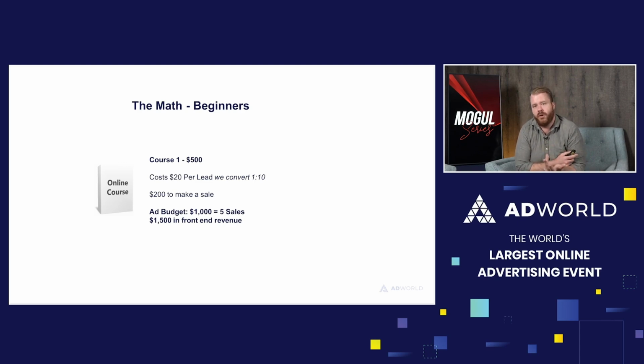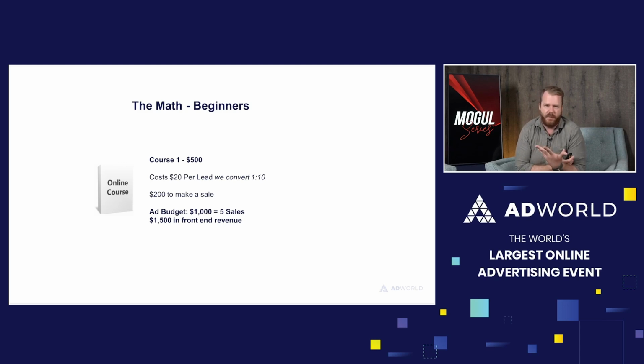I'll spend $200 on my ads to make a sale, which means that my ad budget is $1,000, right? And I'll make 5 sales. 5 sales times $200 equals that $1,000 in ad spend. And my revenue, the money that I bring in, is $1,500. I spent $1,000, I had revenue of $1,500, total revenue of $2,500, right?